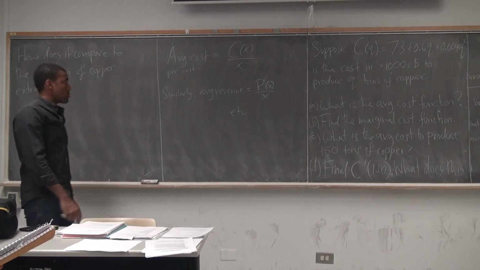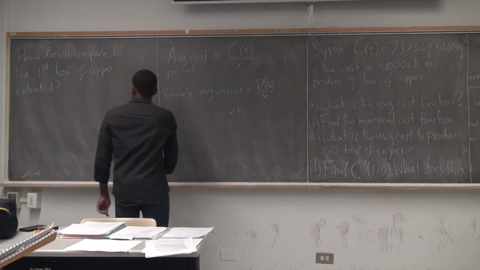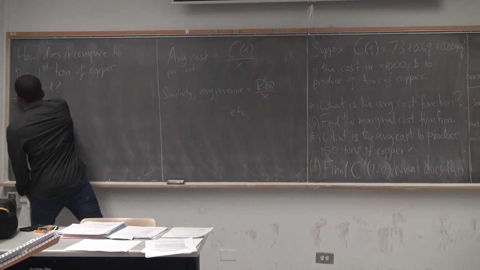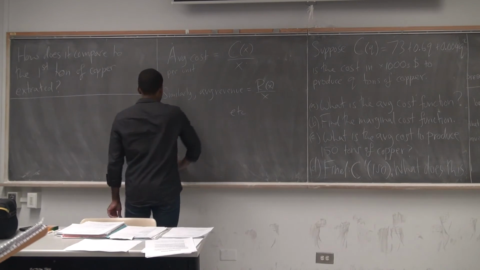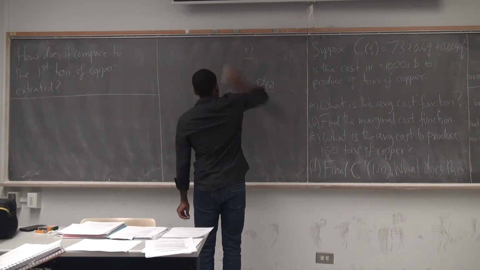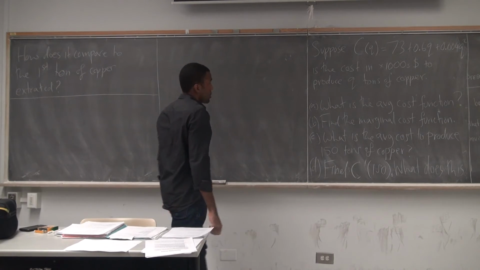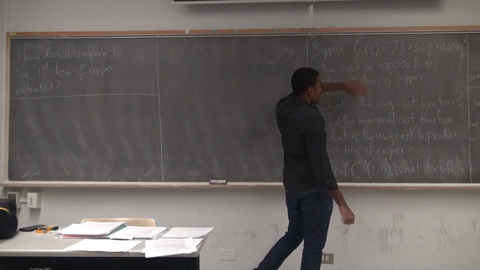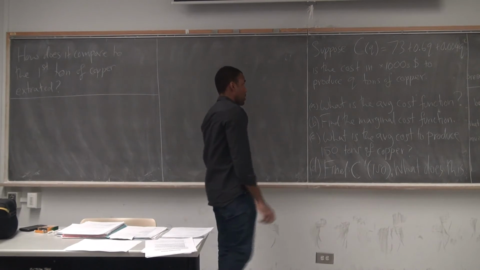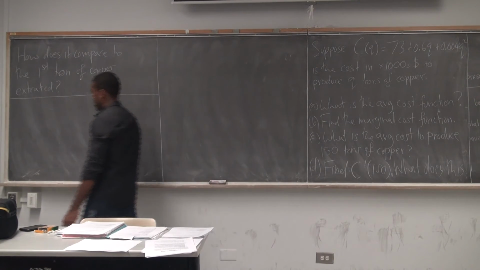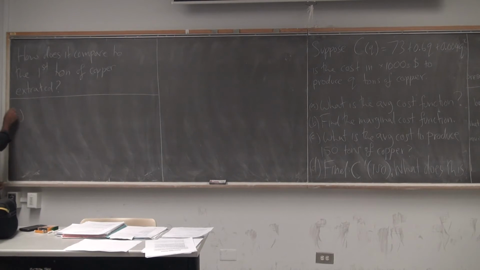That's the problem. So I'm given a function that tracks the cost to produce Q tons of copper in thousands of dollars. Let's start with A. What would be our average cost function?